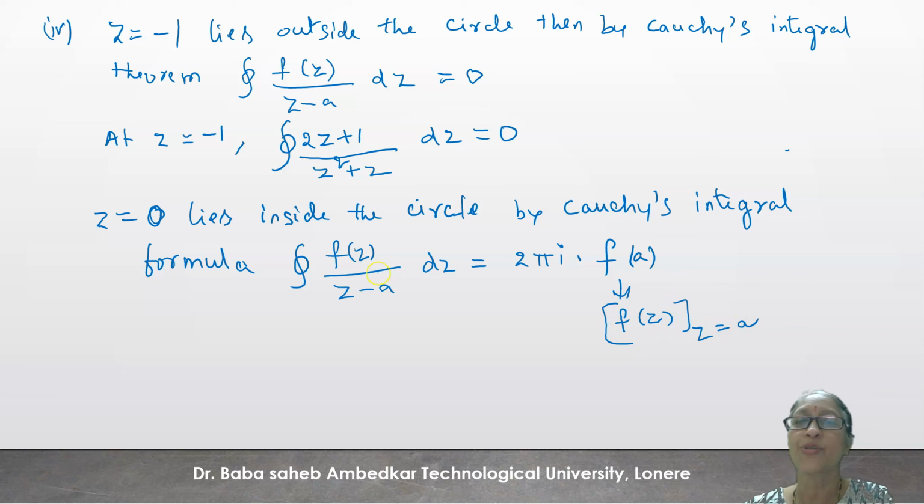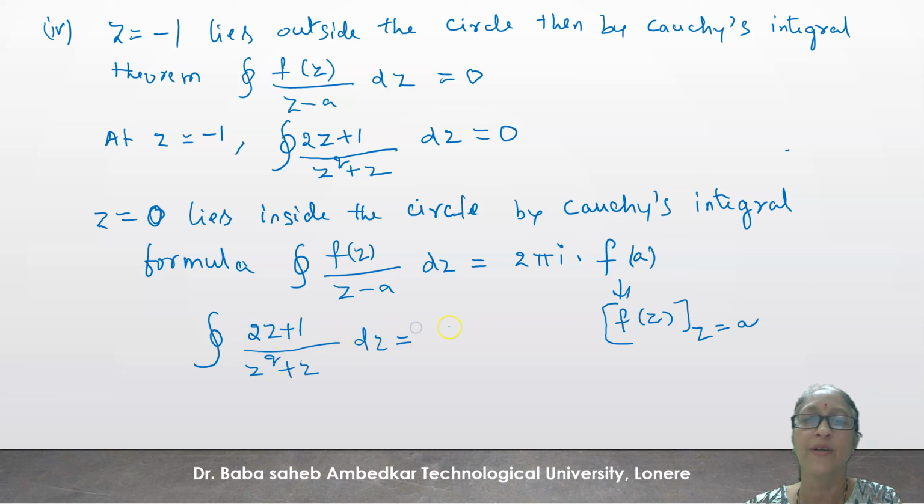Okay, so we have to use this formula for this point z equal to 0. So let us write this integral. What is this? Integral of (2z plus 1) by (z square plus z) dz, which is equal to, here we can write this as integral of (2z plus 1) by z into (z plus 1) dz, right?